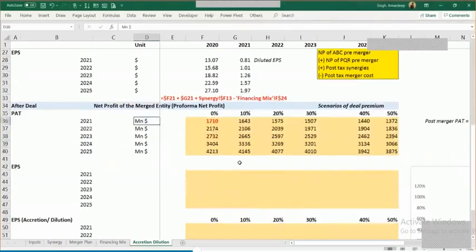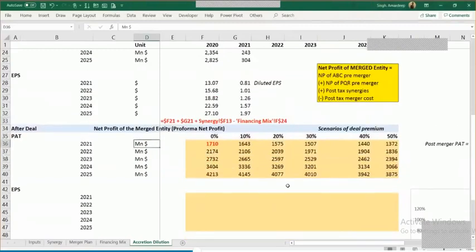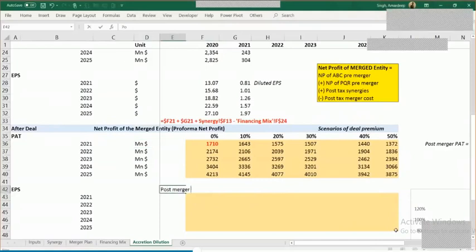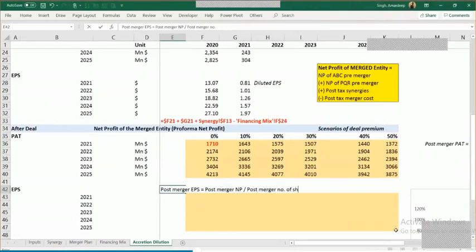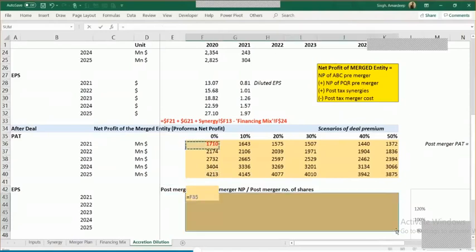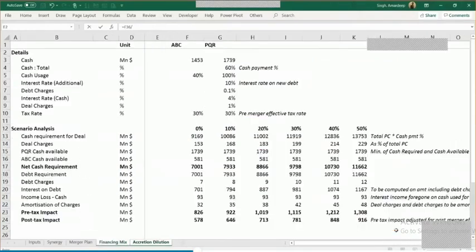What we are trying to do is find out the net profit of the merged entity, and this net profit would eventually be used to compute the post-merger EPS. So the post-merger EPS is basically equal to the post-merger net profit divided by the post-merger number of shares. This is how we are going to compute the post-merger EPS, which is essentially this divided by the number of shares to be taken from here.